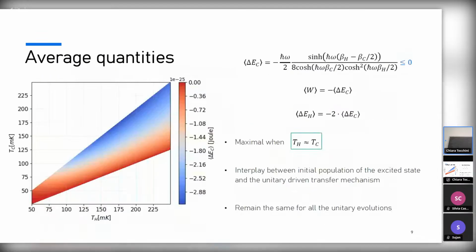Okay, so we calculate the average variation of the cold qubit energy, and we plot it with temperature, hot and cold, and we see that it's always negative as we wanted. So it means that the system actually cooled down, and it's maximum when the two initial temperatures are closer.